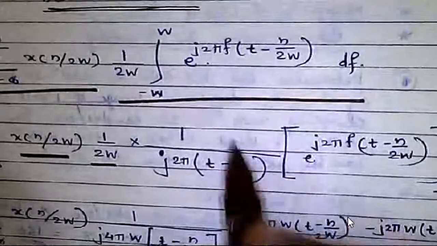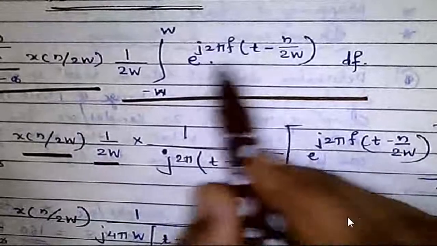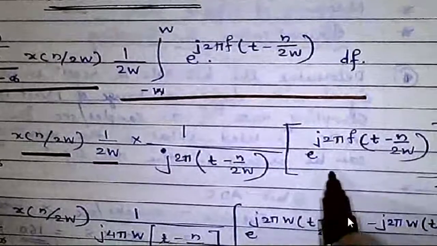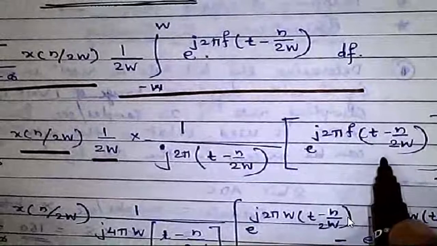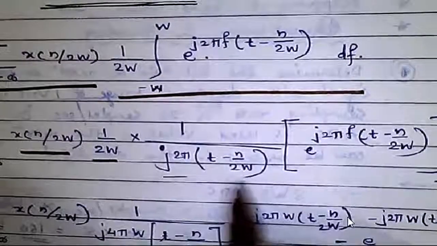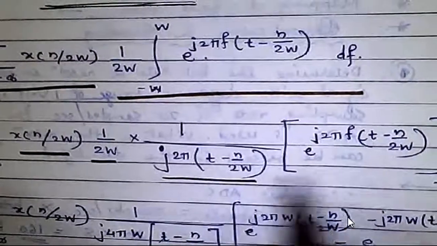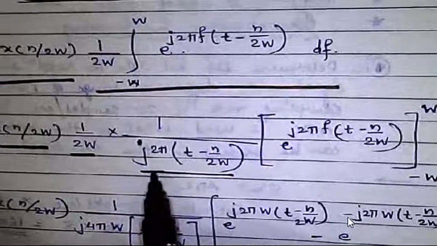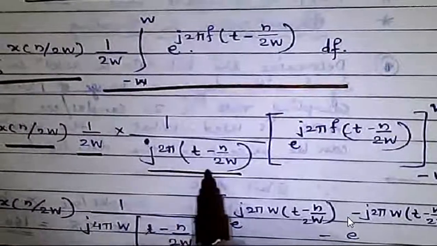After the integral of this one, it is nothing but e raised to j theta, so the integral will be e raised to j theta divided by j theta. So that is what is done over here.